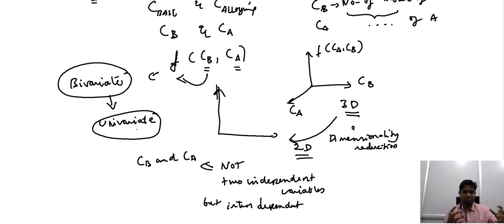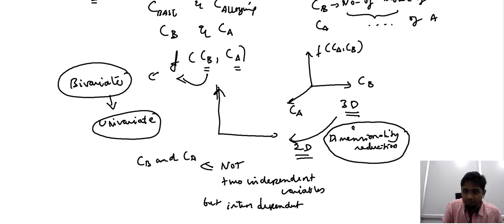So what we essentially want to do when we want dimensionality reduction, when we want to reduce the complex form of an expression, bivariate form to univariate form, is to reduce the two independent variables to one independent variable. We need to show that both these variables are dependent on each other. There could be a linear dependency, there could be an inverse dependency, irrespective of it.